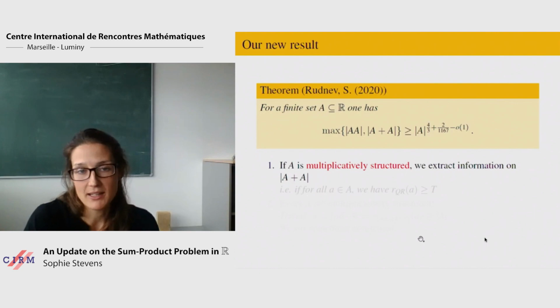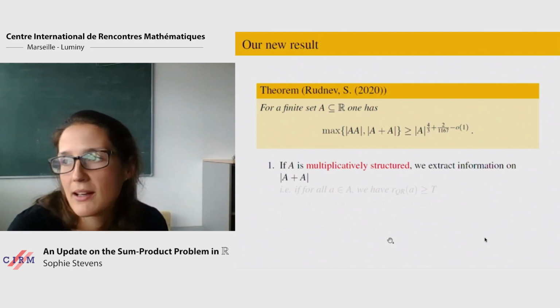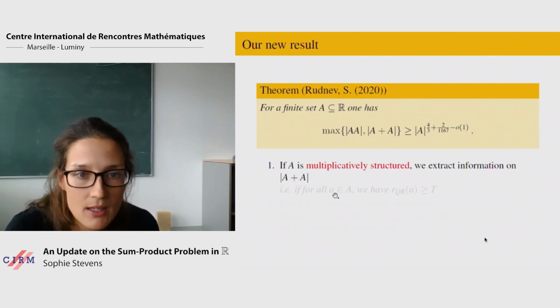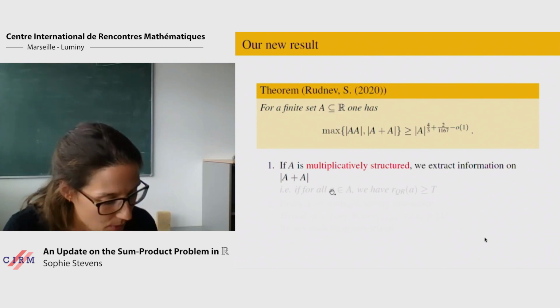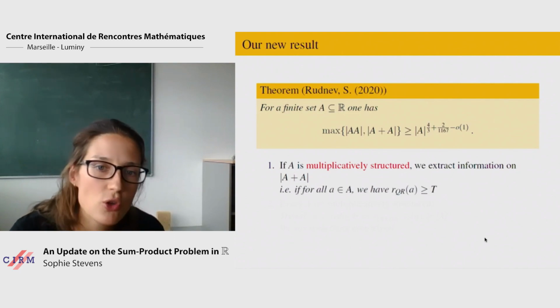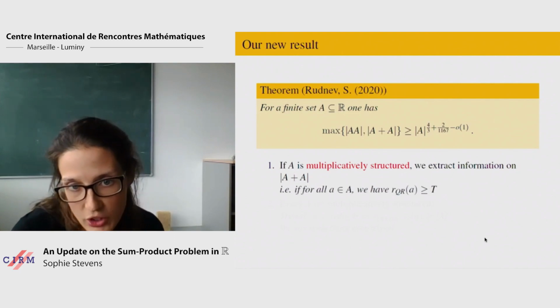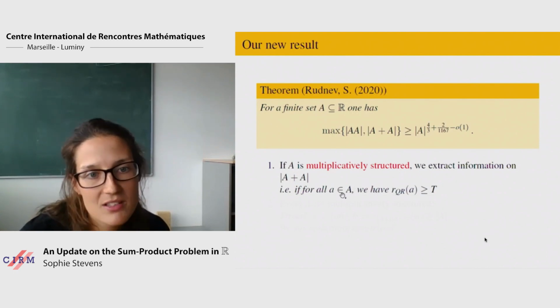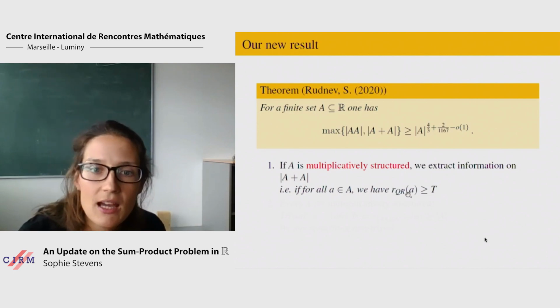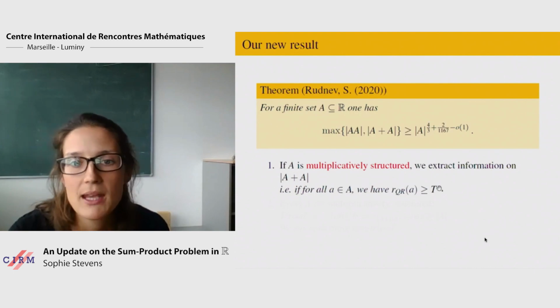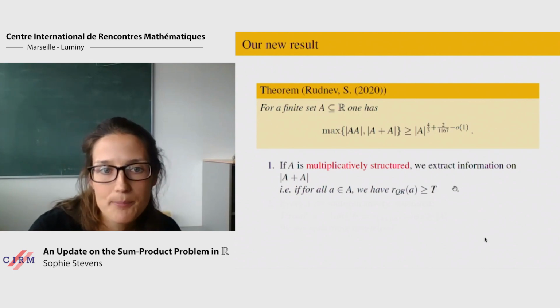What do I mean by multiplicatively structured? It is to say that for my set A, I can associate two auxiliary sets, a set Q and a set R, so that any element of my favorite set, the set of interest A, can be written as a product of an element of Q times an element of R in at least T different ways.